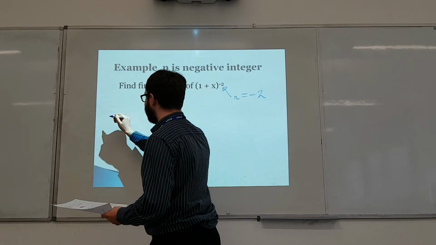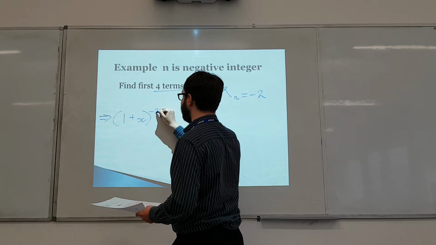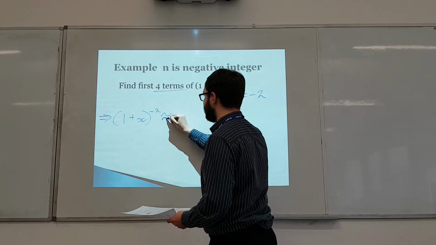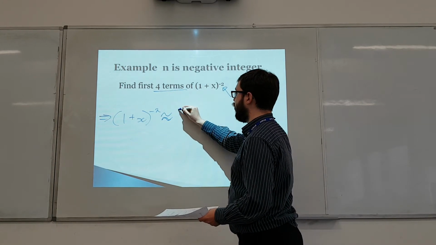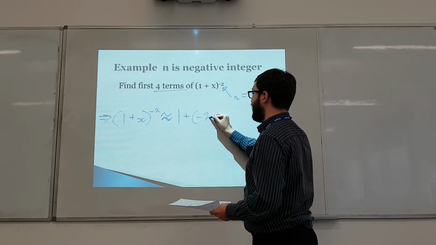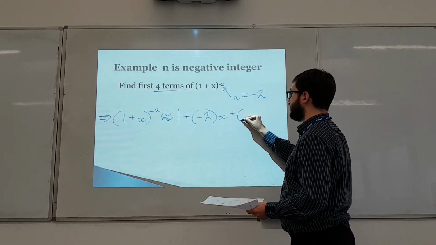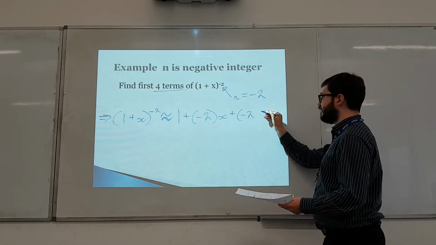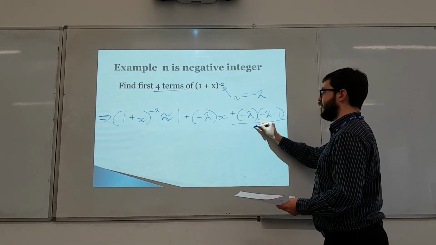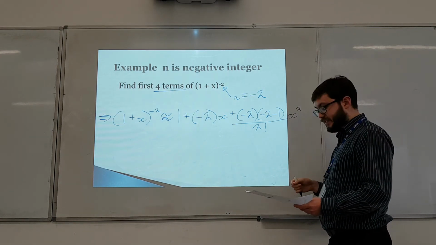So, I can say that therefore 1 plus x to the power of negative 2 can be approximately written as 1, following on from the formula, plus n lots of x, that's the second term, plus minus 2 multiplied by minus 2 minus 1 over 2 factorial lots of x squared. I can keep going on with these terms.